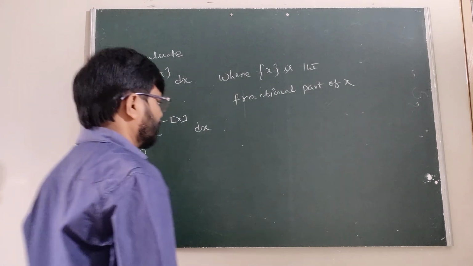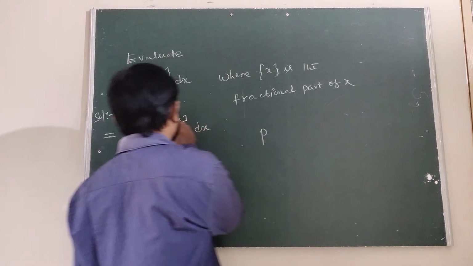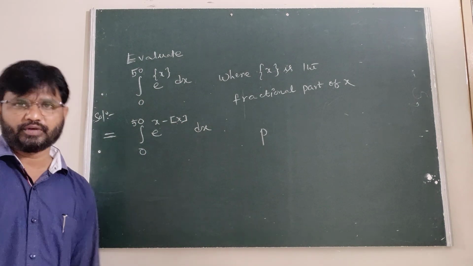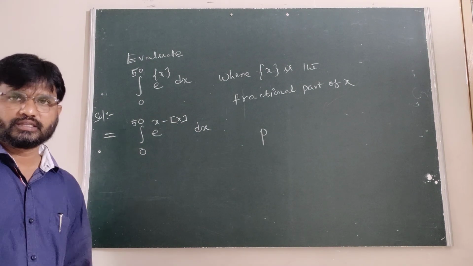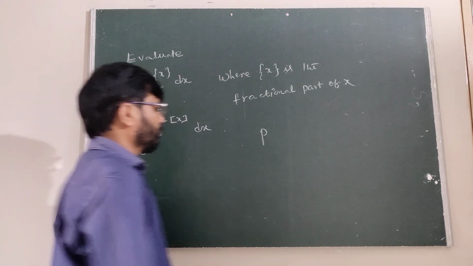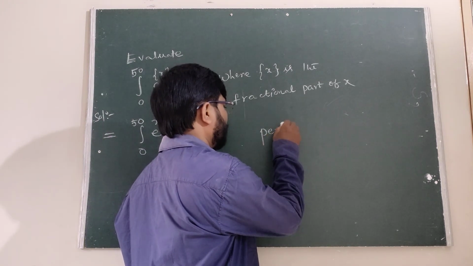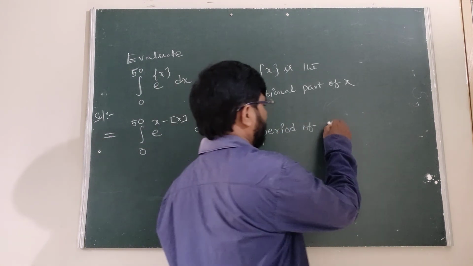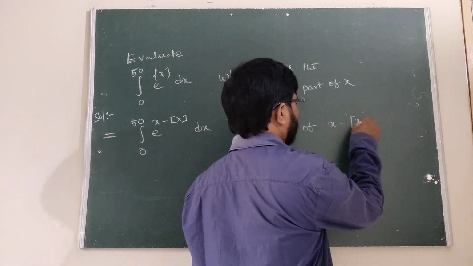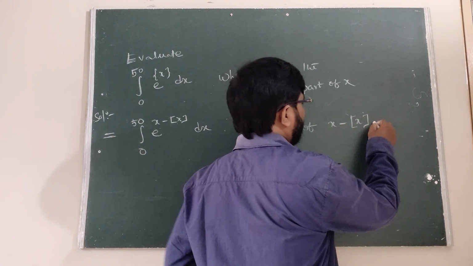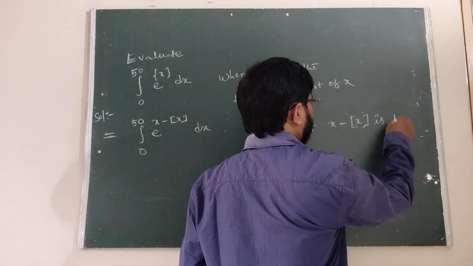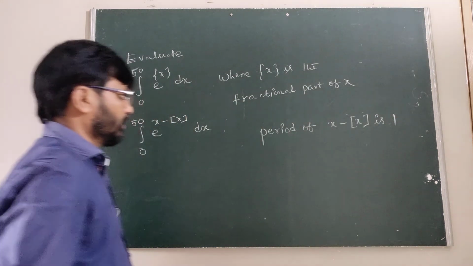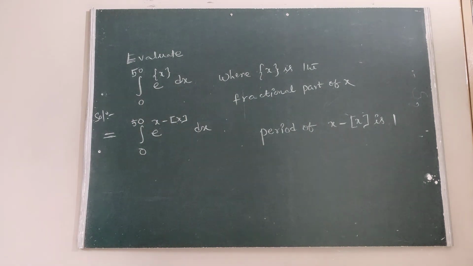We have to know that x minus floor x is a periodic function. Therefore now we can write the period of x minus floor x is 1.